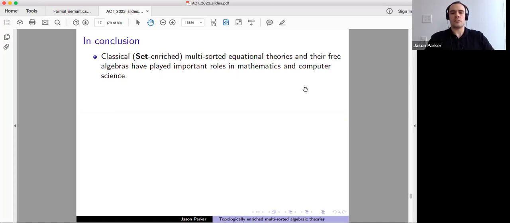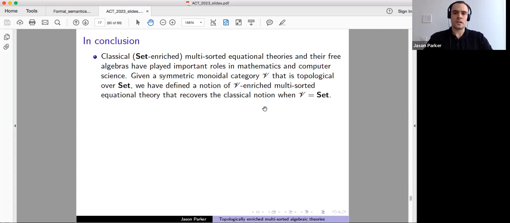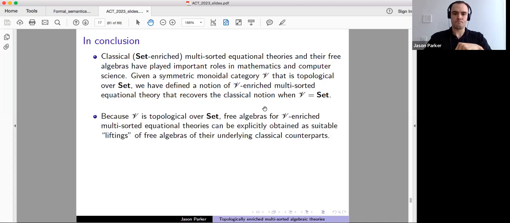Classical or Set-enriched multi-sorted equational theories and their free algebras have played important roles in mathematics and computer science. Given a symmetric monoidal category V that is topological over Set, I've defined a notion of V-enriched multi-sorted equational theory that recovers the classical notion when V is the specific example of Set.